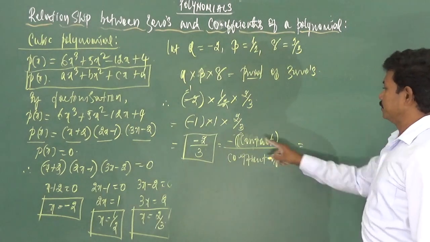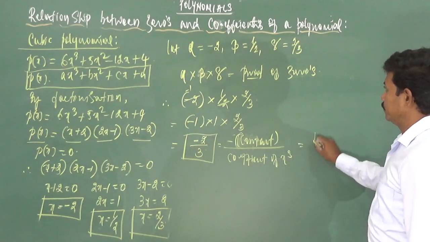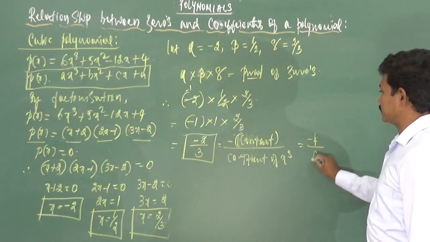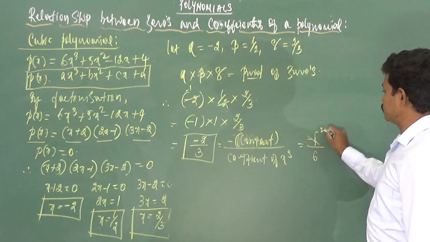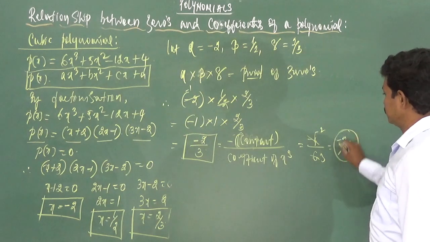So that becomes minus of constant, minus 4, divided by coefficient of x cube, which is 6. So 2 minus 2s are 2, 3s are, that is minus 2 by 3. So this matches.